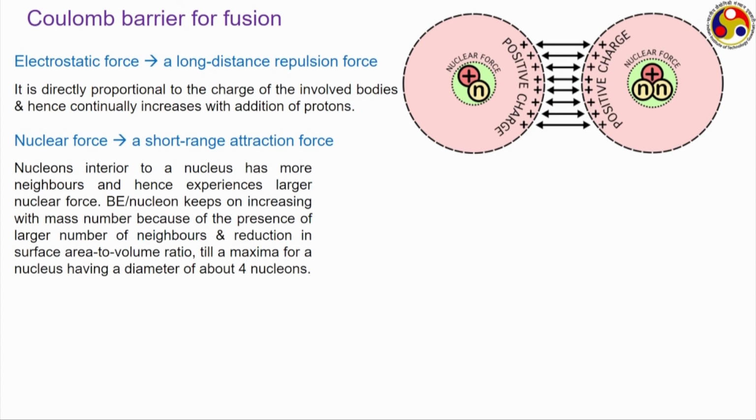Hence nuclei like deuterium and tritium, which are much lighter than that, or whose effective radius is less than this 4 nucleon range, should come very close to each other to experience any kind of nuclear force.